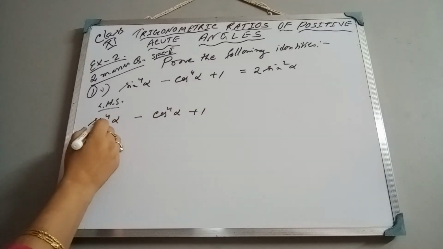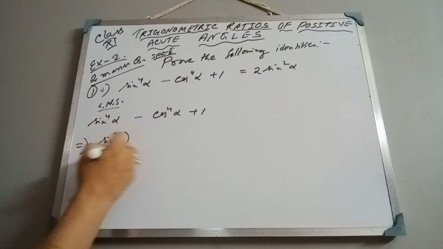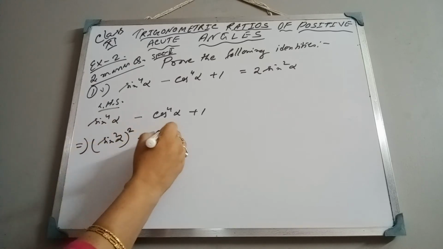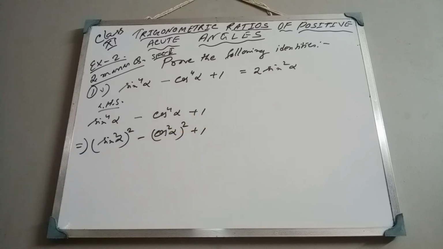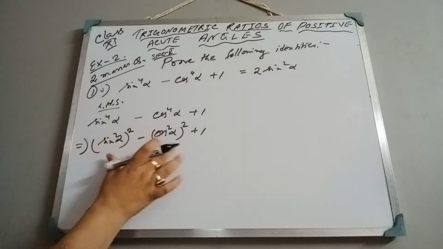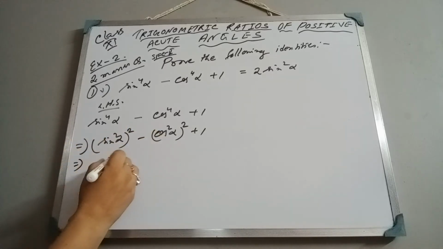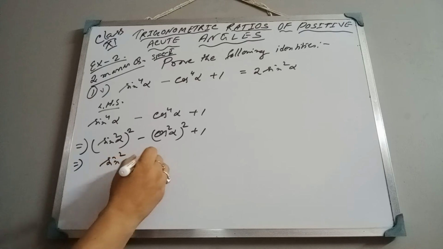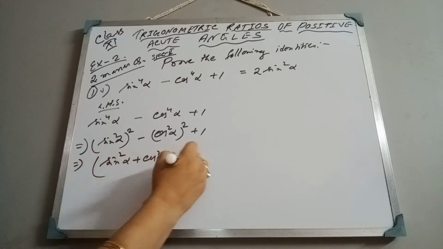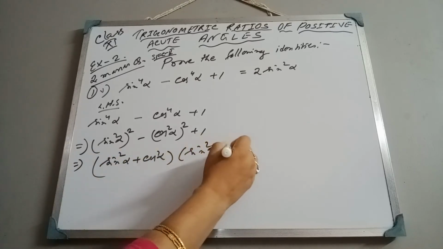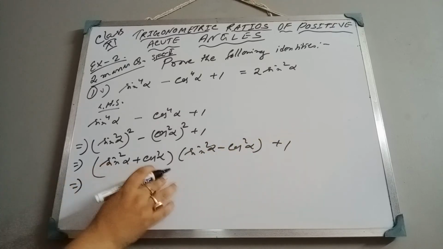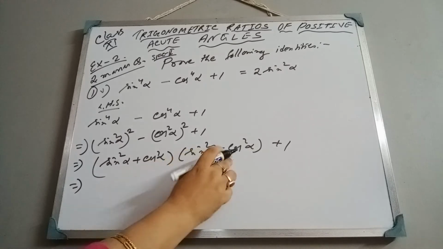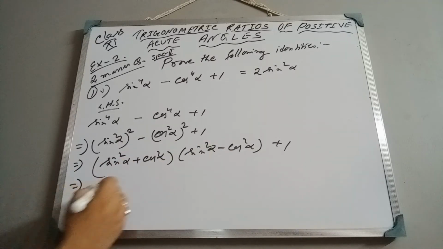Sine to the power 4 we can write as sine square alpha whole square minus cos square alpha whole square plus 1. Now again a square minus b square we will write. Then what we will get? Sine square alpha plus cos square alpha into sine square alpha minus cos square alpha plus 1. So this part is coming 1 we know, and this is sine square alpha minus cos square alpha only.